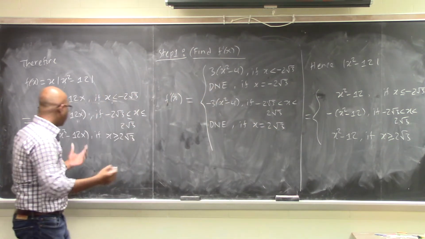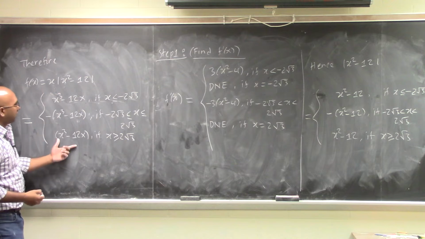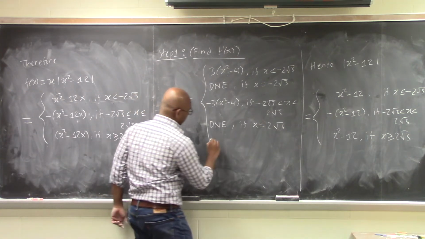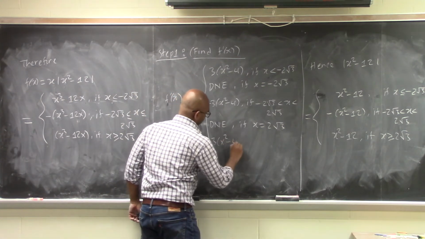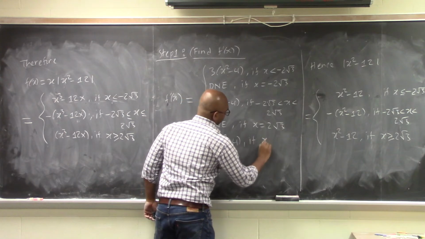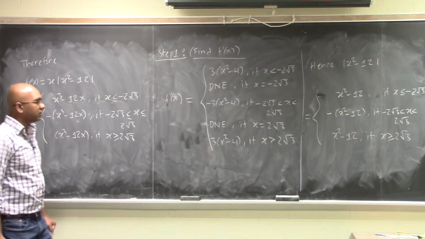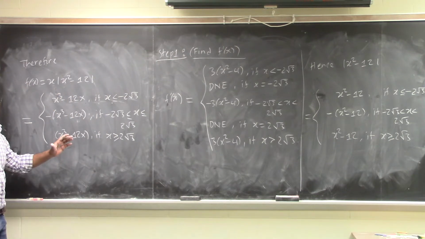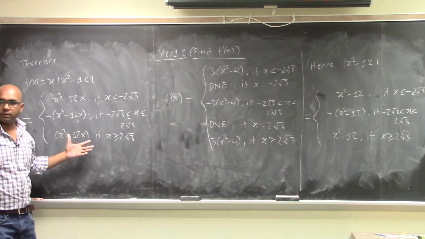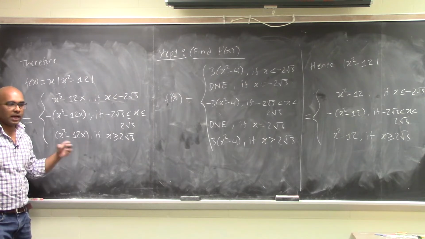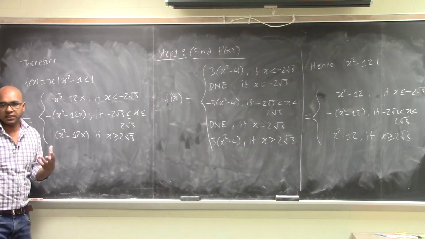Okay. And finally, we have the same polynomial on top. So this is 3 times x squared minus 4 if x is bigger than 2 root 3. So that is step 1, to get the derivative of the function. Okay. And what is step 2? Find the critical numbers, right?